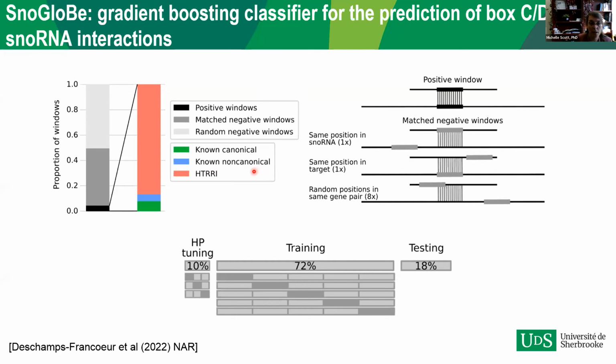So we decided to keep all the non-canonical interactions from the literature for the test set, to investigate whether we can train only on canonical interactions and high throughput RNA interactions, and still be good at predicting these non-canonical interactions.